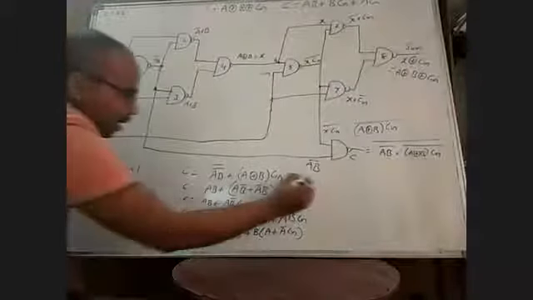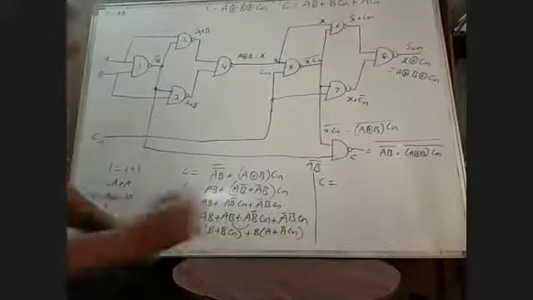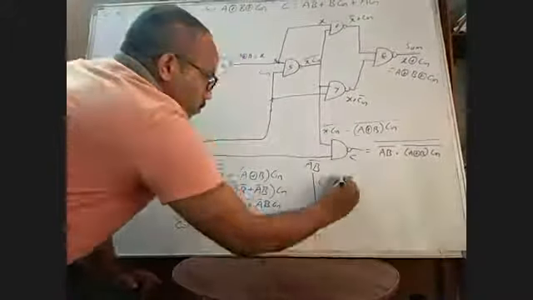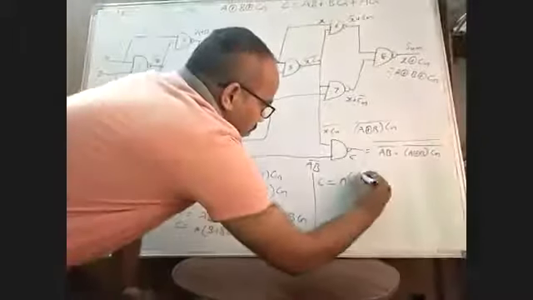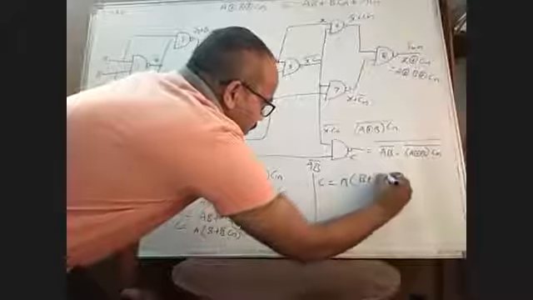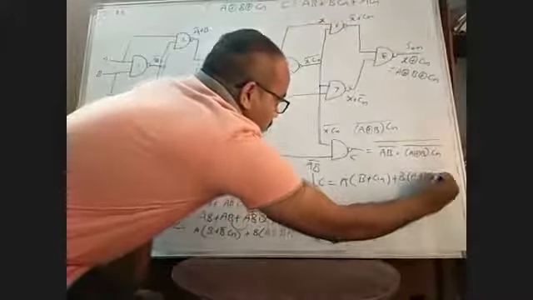Therefore, I am writing this as C equals A into B plus C in, into B into A plus C in.